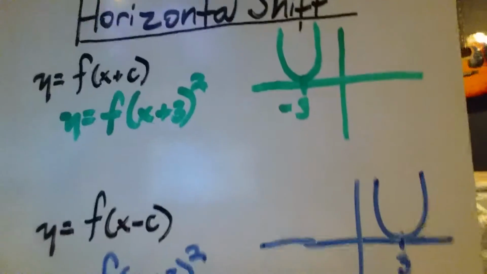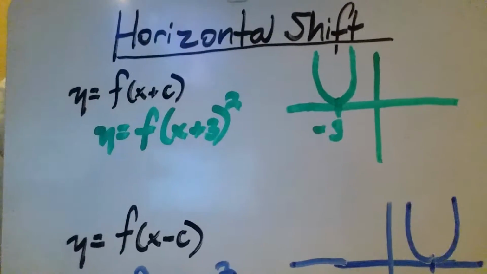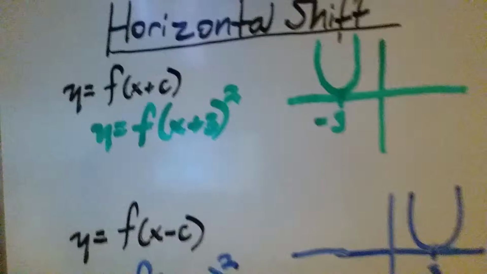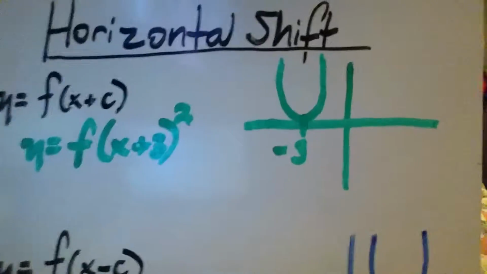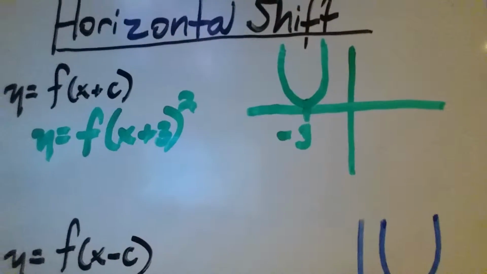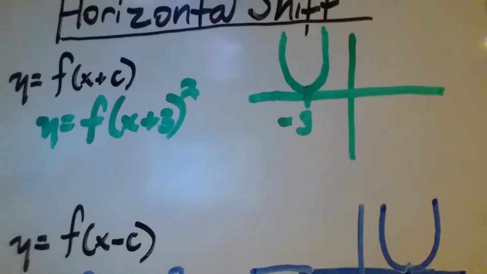So since it is horizontal, you're moving along the x-axis. So do note that when it does say plus 3 or plus c, you're actually moving along the negative part of the x-axis. So bear that in mind. So as you can see here, we have our base equation x squared, and we just shifted 3 units in the negative direction of the x-axis.